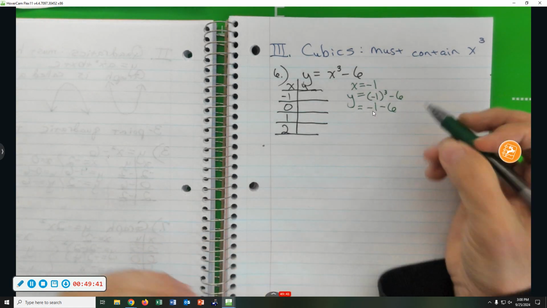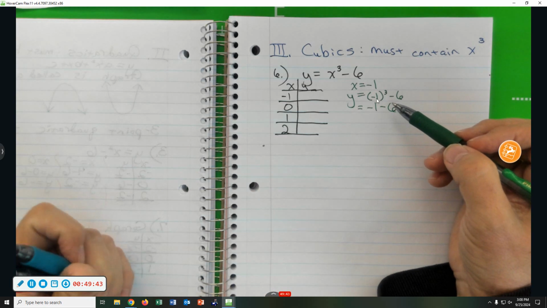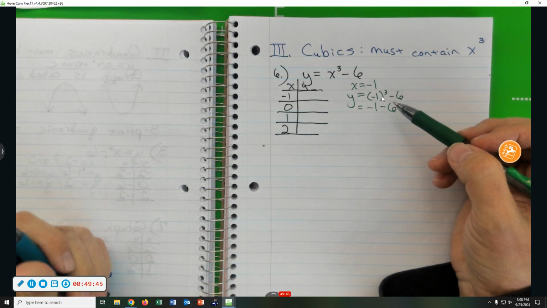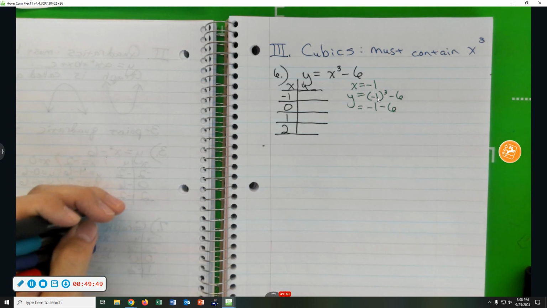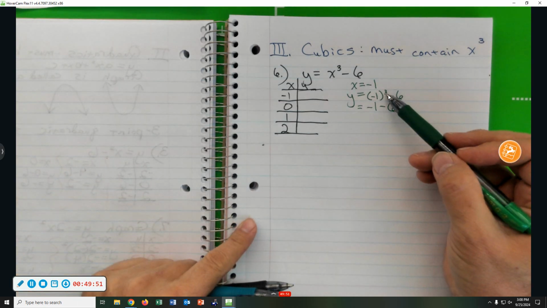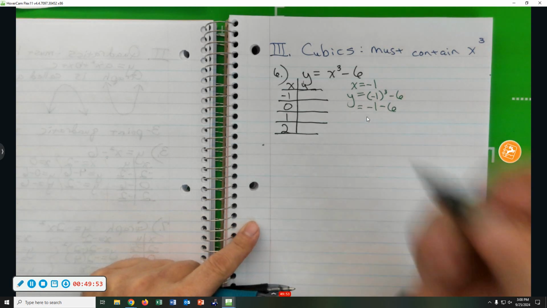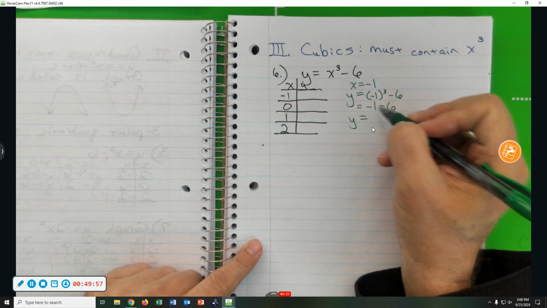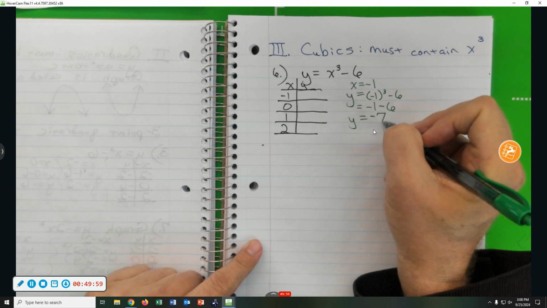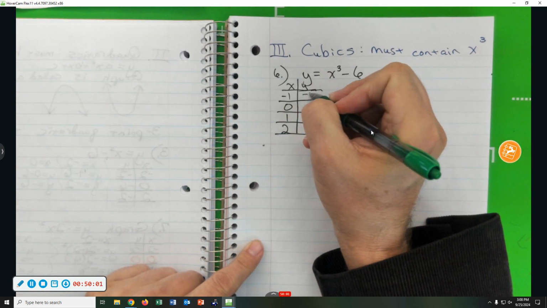That's why I like odd exponents so much, signs don't change. So what are we getting for our y value? Negative 1 minus 6 gives me a y value of negative 7.